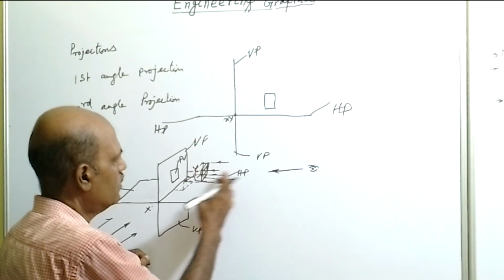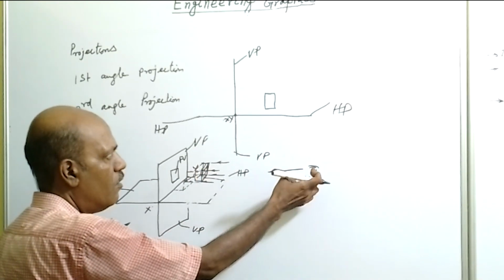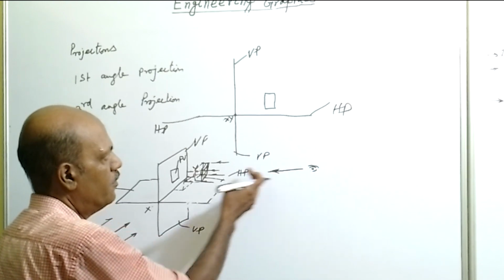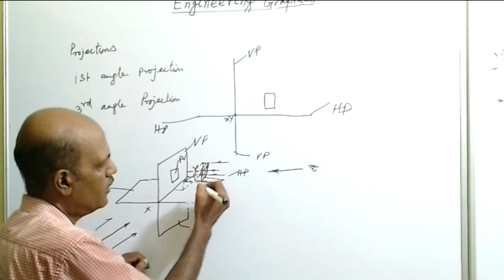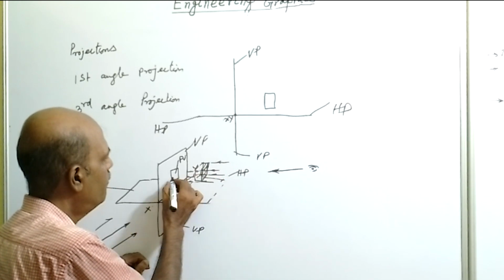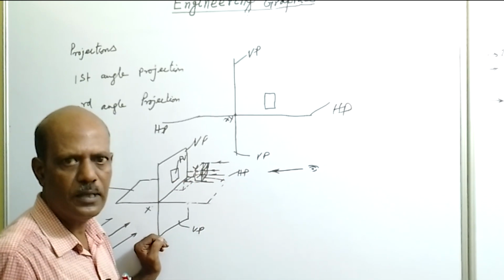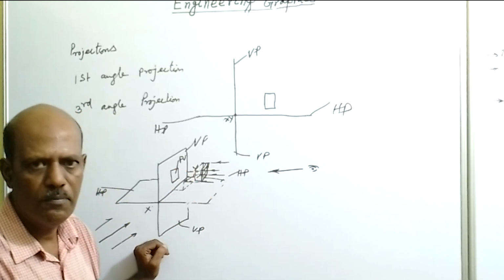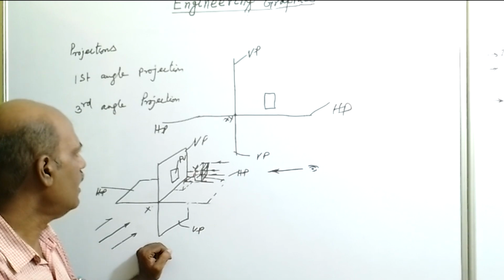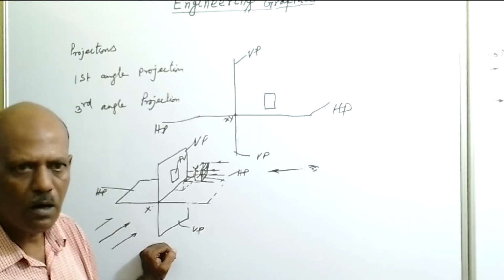So when the observer looks at the object from the right side, he can see only this face, and the image of this face will be projected on VP, and that is called the front view of the object.